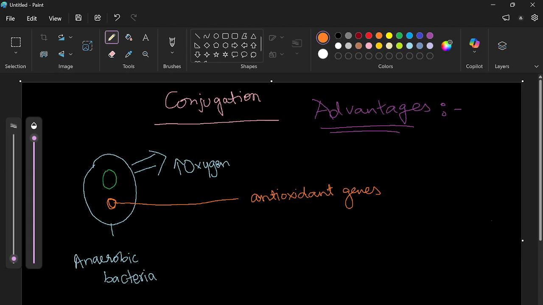So this is very important for the bacteria to have this plasmid if it is placed in an environment with a higher amount of oxygen, because they will help the cell to reproduce and survive rather than dying.